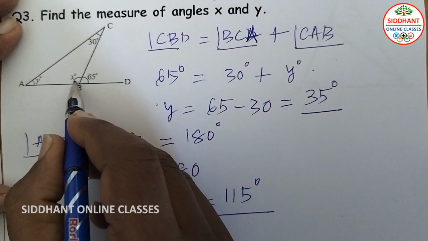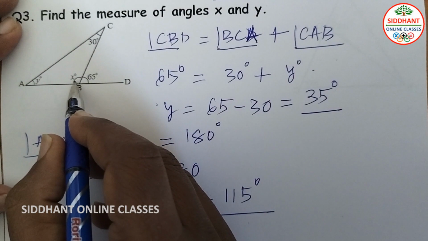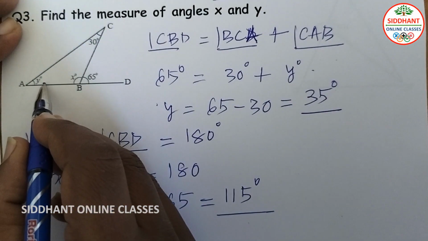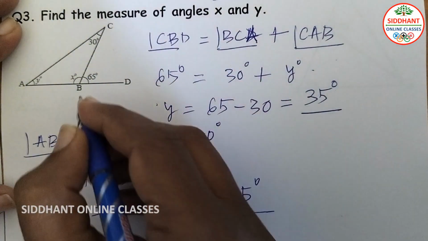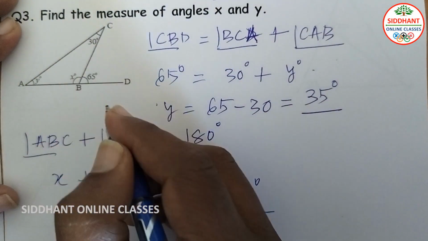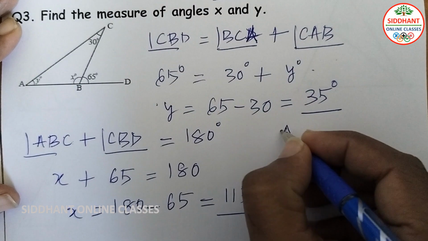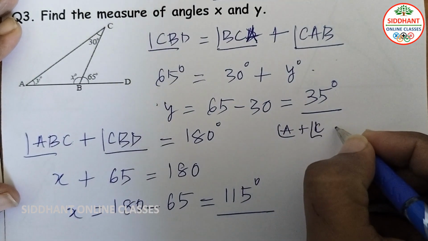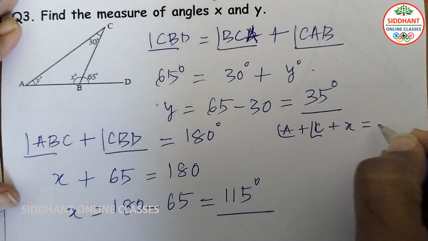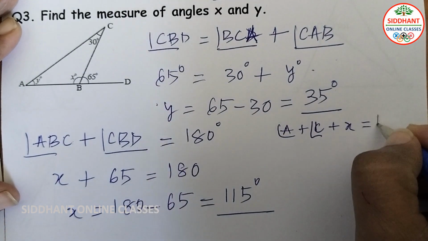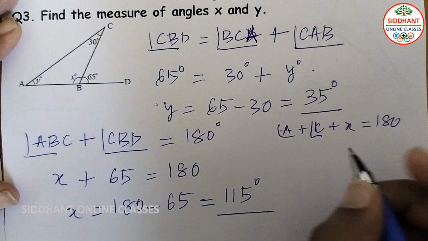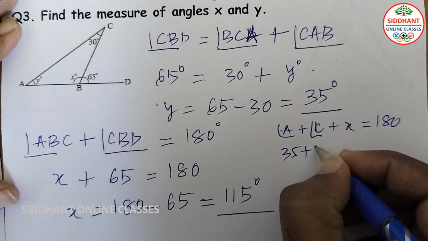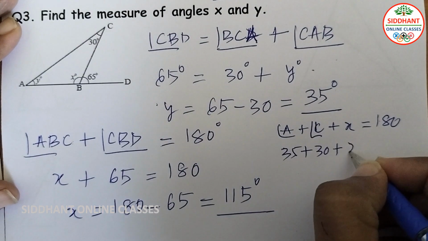This can also be found another way. Already we have 30, and Y we found is 35. The sum of the angles is 180. Here angle A and angle C we already know, and X we are going to find.